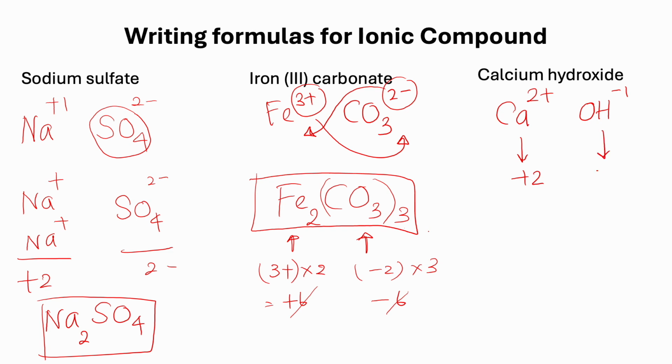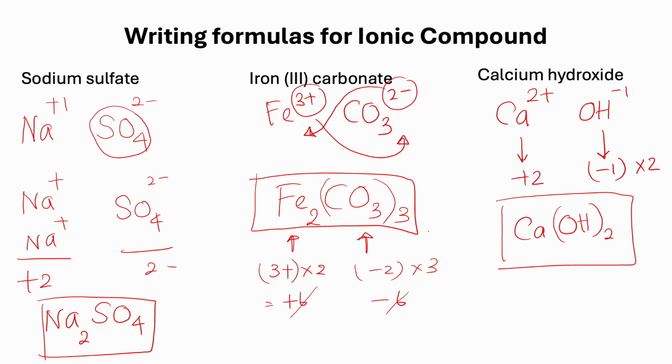So you have just 1 negative. If you have 2 negative charges, it will cancel out. So you have to use 2 hydroxides in the formula. So calcium, Ca(OH)2, and there are 2 hydroxides. This is the formula for calcium hydroxide.